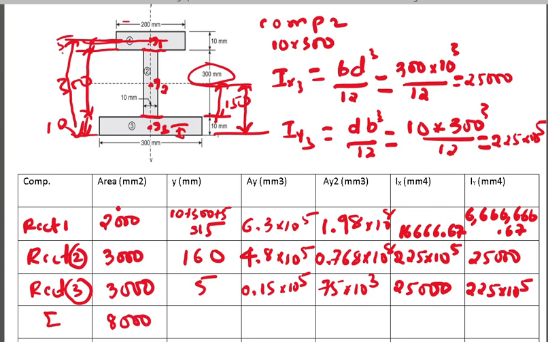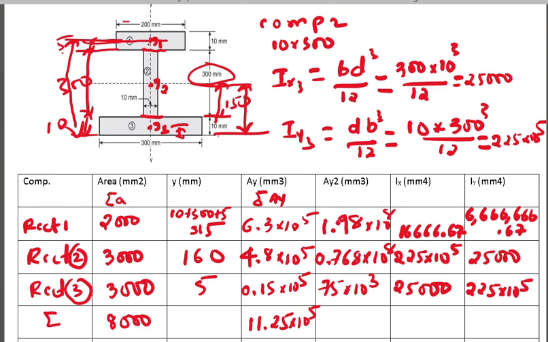So this is the summation of A. Next is summation of Ay. You will get 11.25 into 10 to the power of 5.